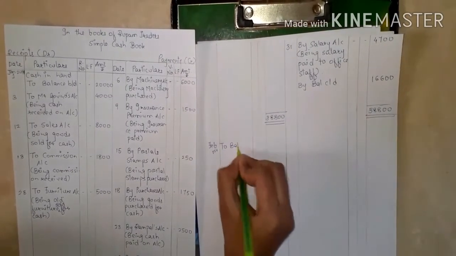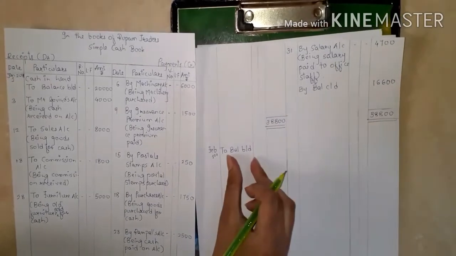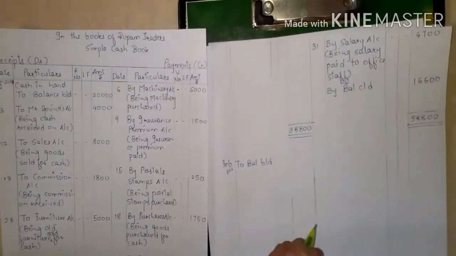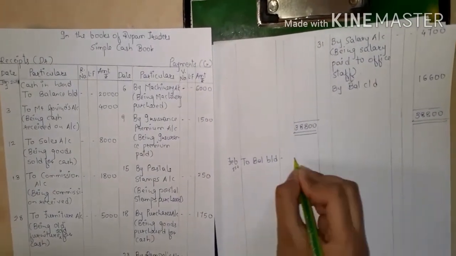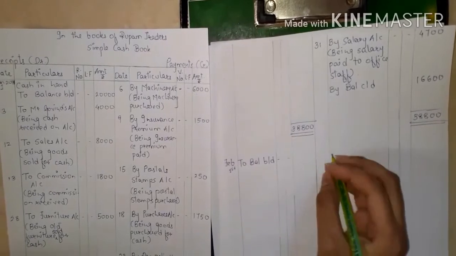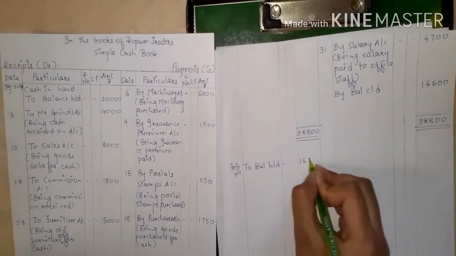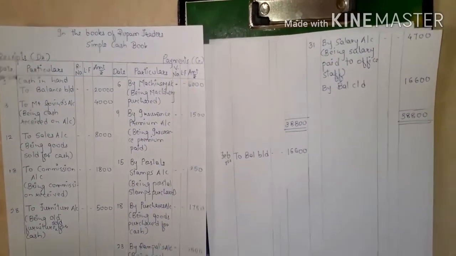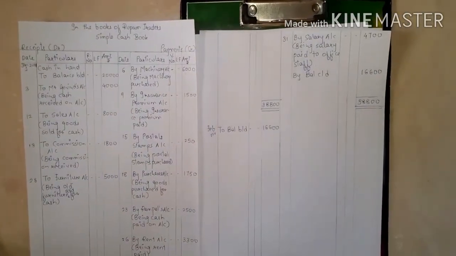This amount balance brought down, that is we have carry forwarded this balance carried down in the next month as a balance brought down, because we have to utilize this amount. Amount is 16,600. So this is how a simple cash book is prepared and transactions are recorded in this.